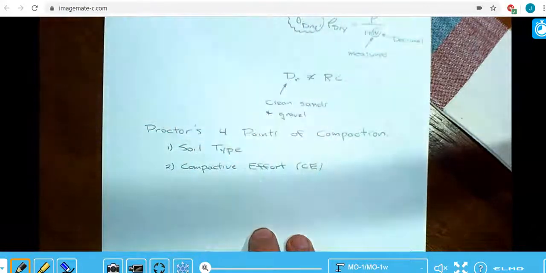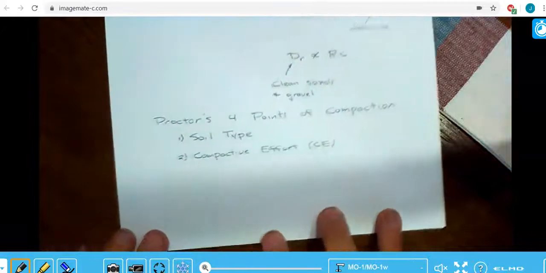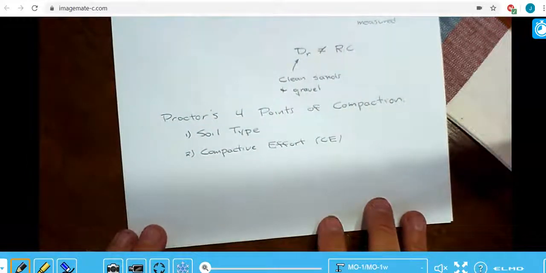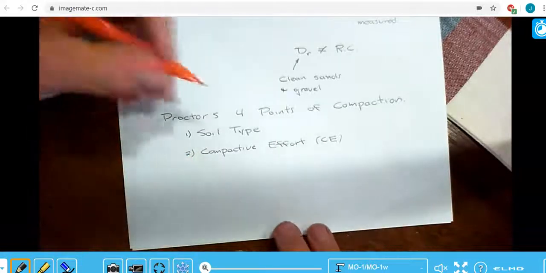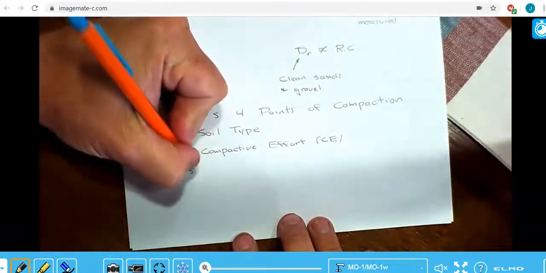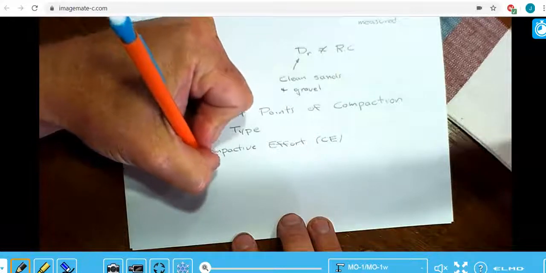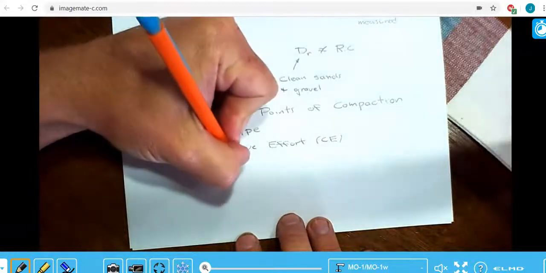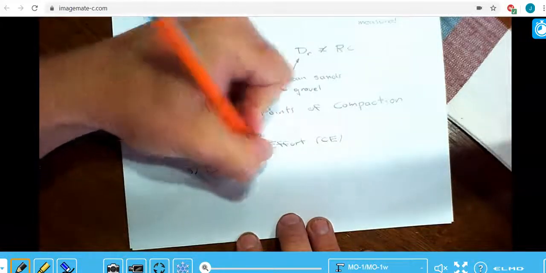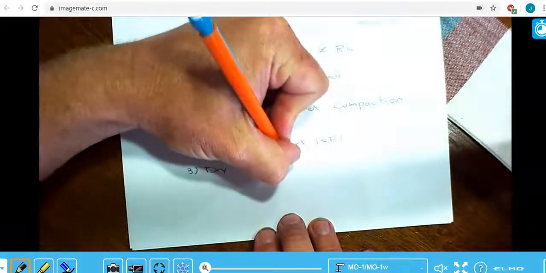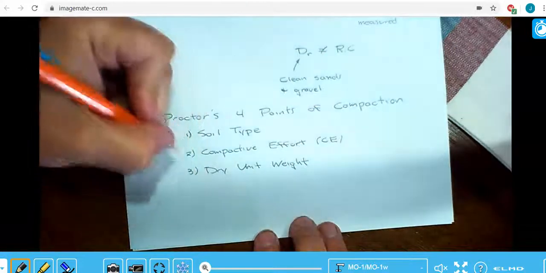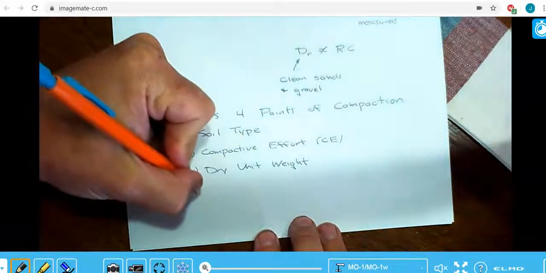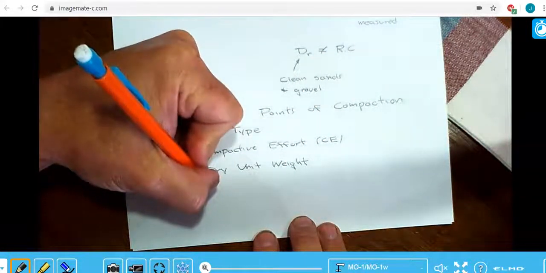So how do we achieve the relative compaction? We may have to put in more effort for the particular soil type, but compactive effort. Number 3, dry unit weight. What is the dry unit weight we're going to achieve? And number 4, you guessed it, water content.